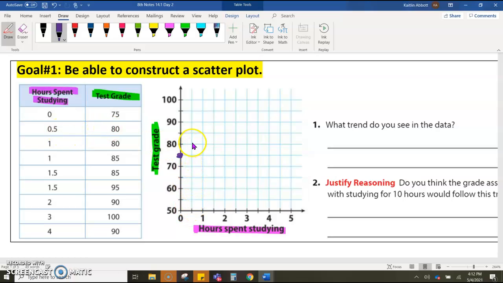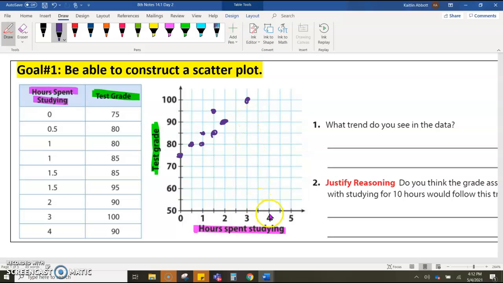Half an hour, 80. 1 hour and 80. 1 hour and 85. 1.5 hours and 85. 1.5 hours and 95. 2 hours and 90. 2 hours and 90. 3 hours and 100.